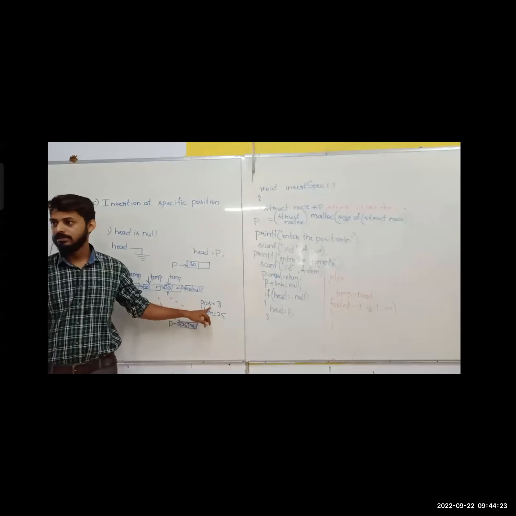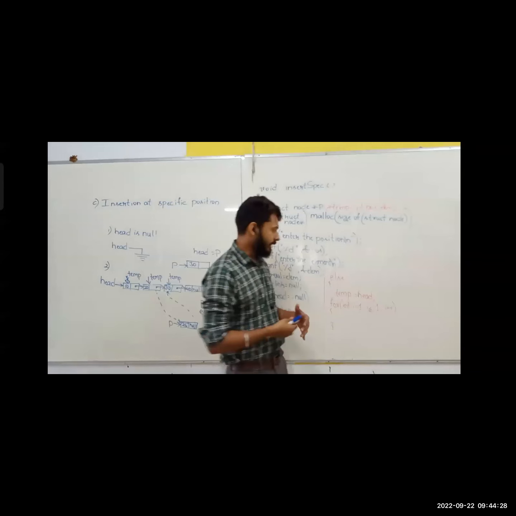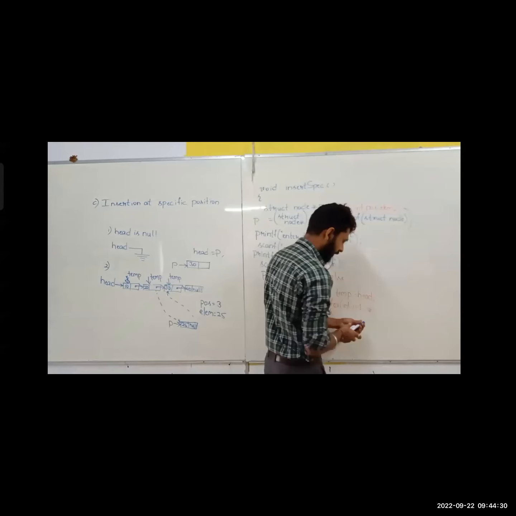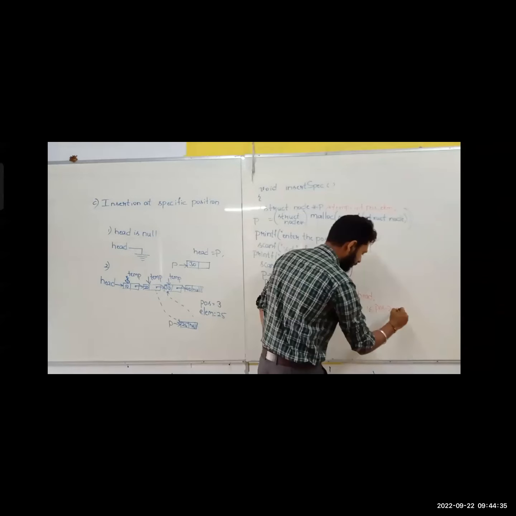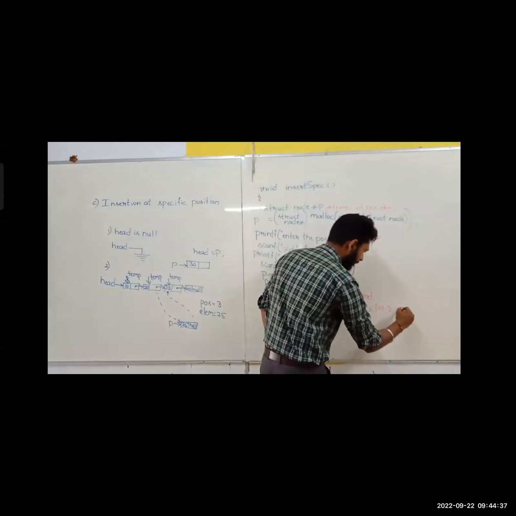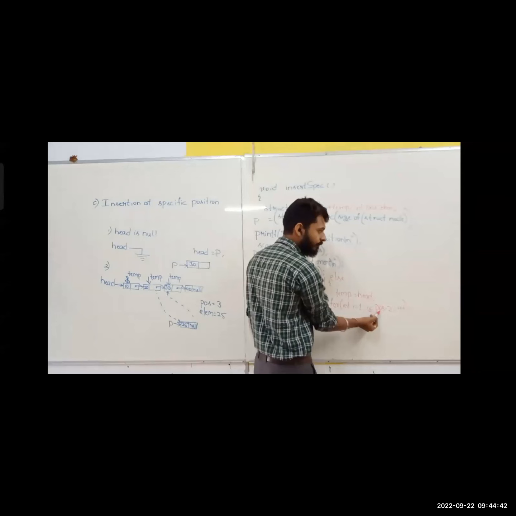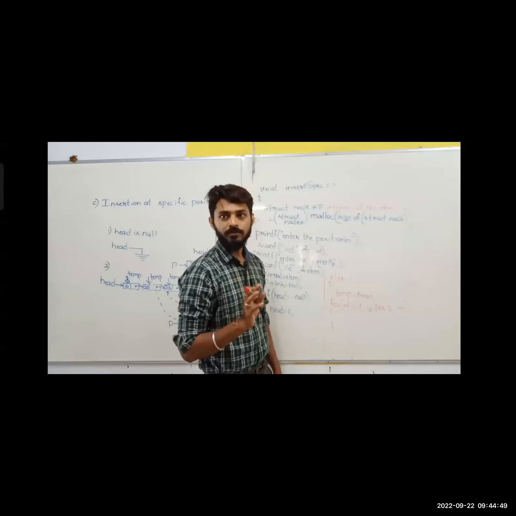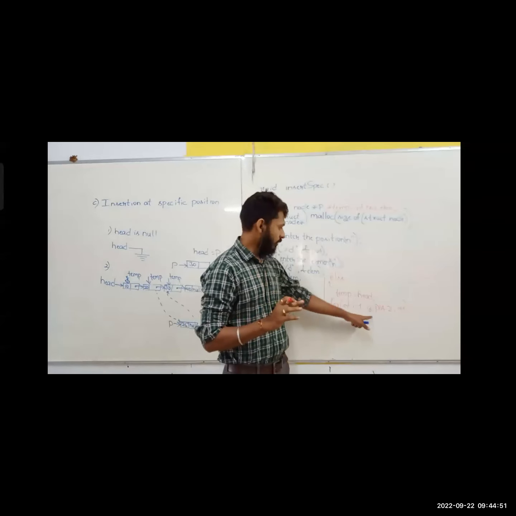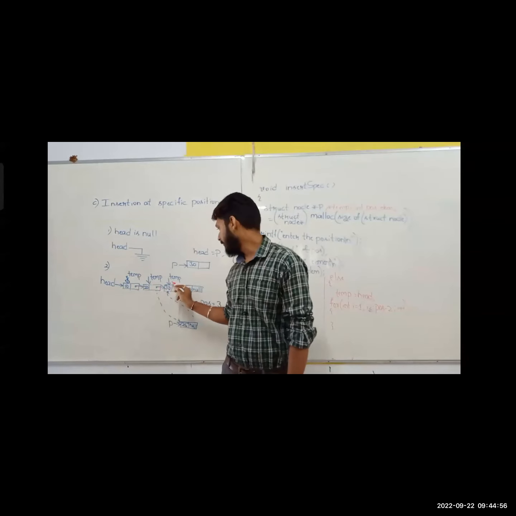Here, what condition should I write? i less than or equal to... first time i equals 1, i less than or equal to position minus 2, where position is 3, 3 minus 2 is 1. So only 1 time it will work. If position is 4, 4 minus 2, 2 times it will work. It will come here, and from here you can add.